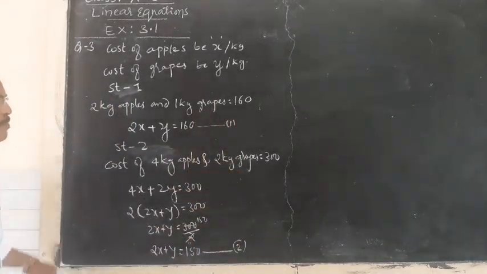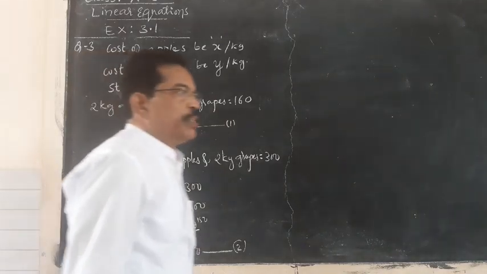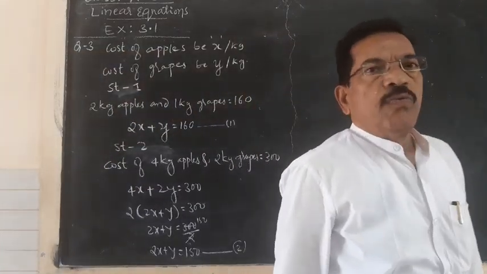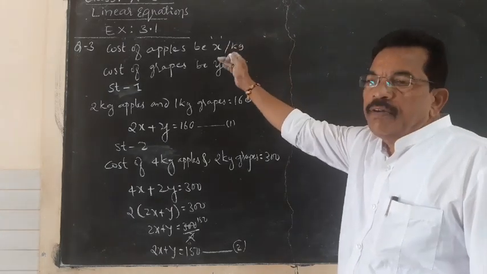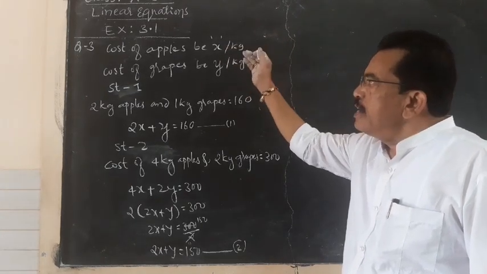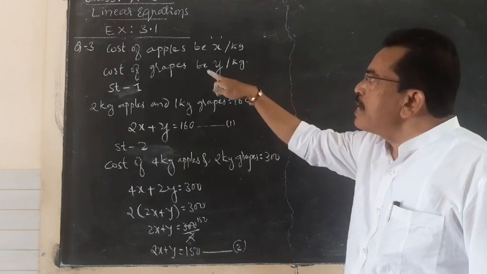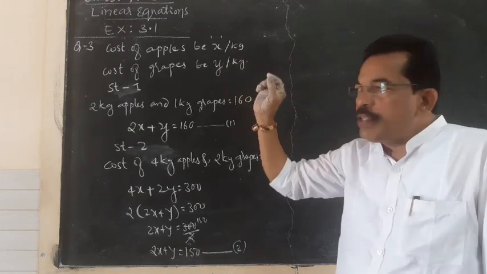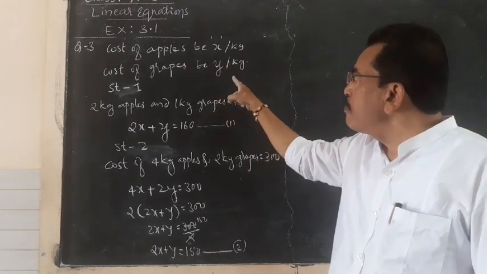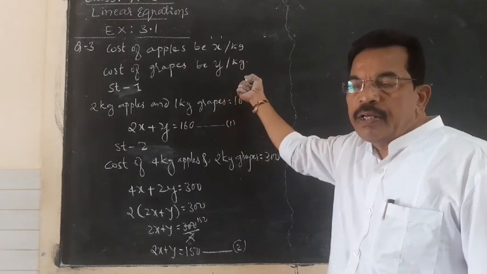See carefully what I have done. I have read the problem clearly and assumed that the cost of 1 kg of apple be x, then the cost of 1 kg of grapes be y.